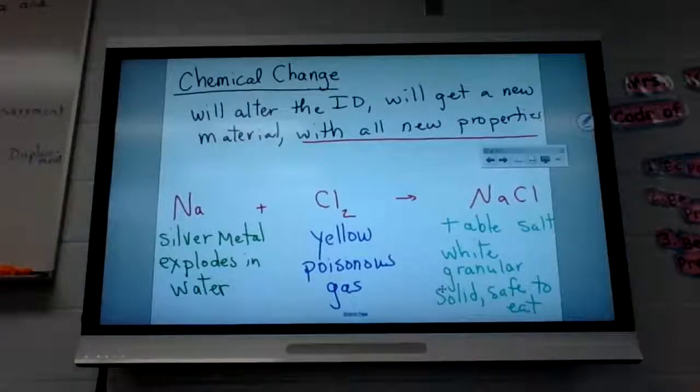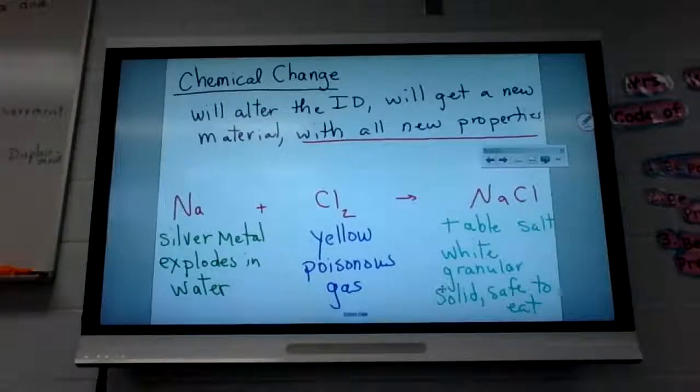Now, combine the two, and it makes a perfectly stable compound that we can eat, sprinkle on our food, and most of us have in the house, probably somewhere in the kitchen, or we can sprinkle it on food when we cook, when we eat, and it's perfectly healthy for us. Okay? In limited quantities.